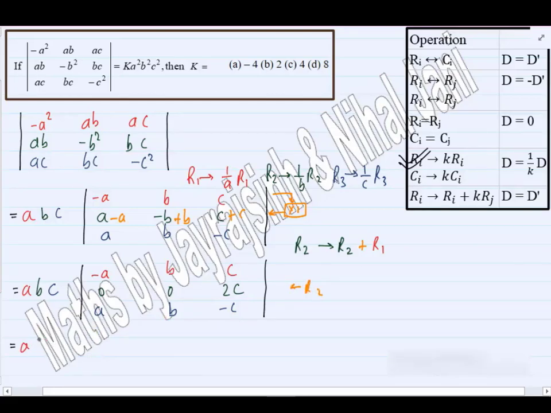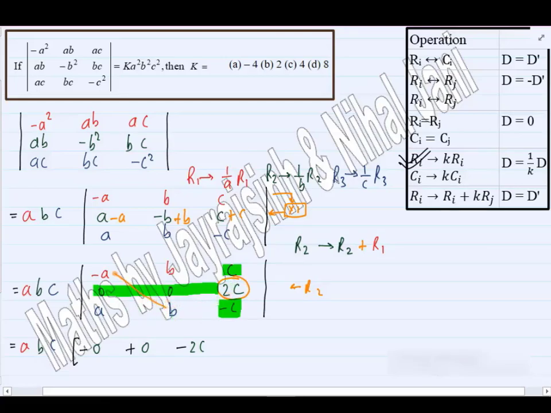This abc will be as it is, and elements of the second row are minus 0, plus 0 and minus 2c. We don't have to worry about the minor of 0 and 0 because 0 into anything will be 0. So let's find out minor of 2c by ignoring second row and third column.